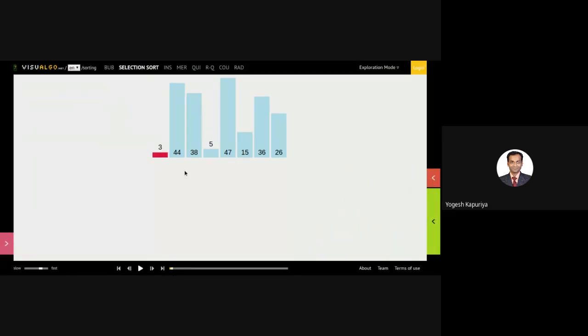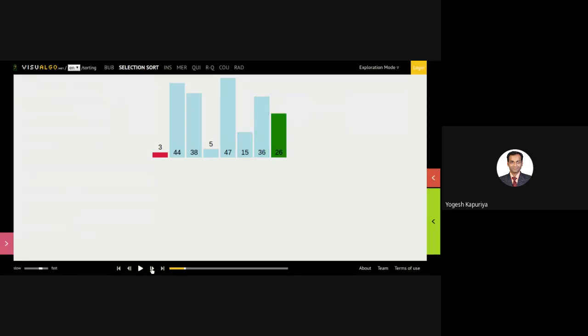So 3 will be compared with 44, because 3 is less than 44, no interchange is required. Now 3 will be compared with 38. Once again 3 is less than 38, so no interchange required. 3 will be compared with 5, and because 3 is less than 5, no interchange.